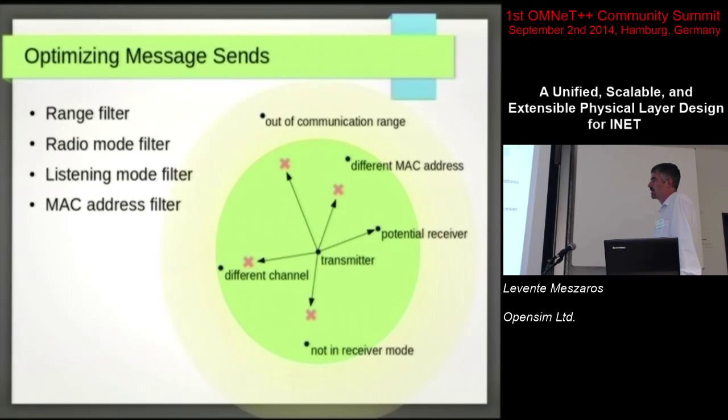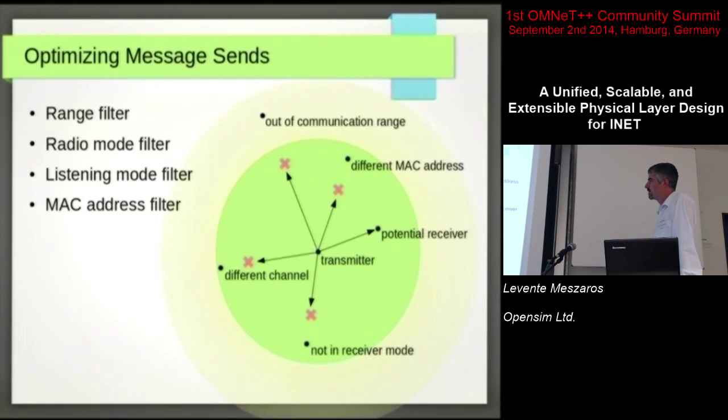For different filters, the range filter, which means that if the receiver is outside of the communication range, which might be computed based on the maximum transmission power and the minimum reception power, and on the path loss model of the channel, so you don't have to send frames there, because I forgot to mention that the interference is computed by the medium, so it doesn't matter if the message is not sent there. Other messages will still be interfered by this transmission.